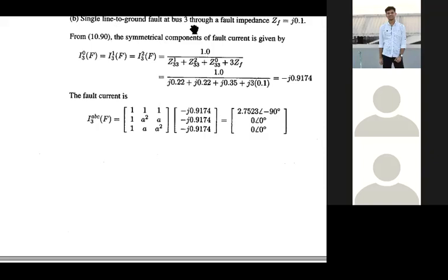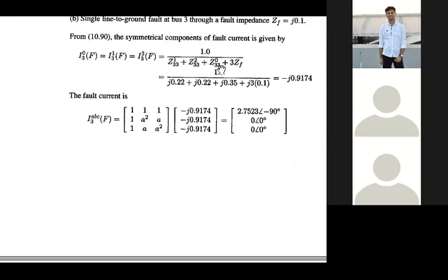So for the single line to ground fault, we have the fault current I3012 in terms of this matrix equation. Can you recall this equation?